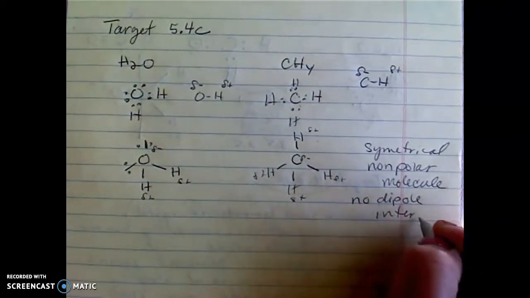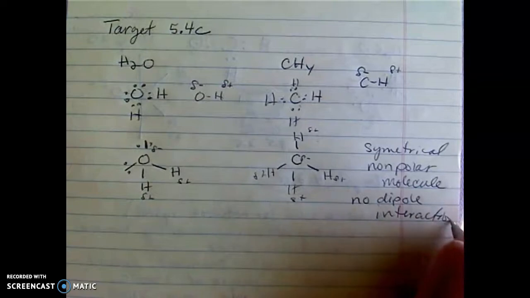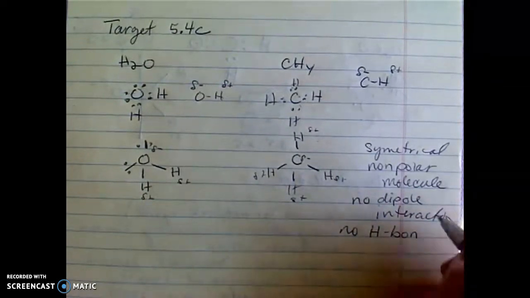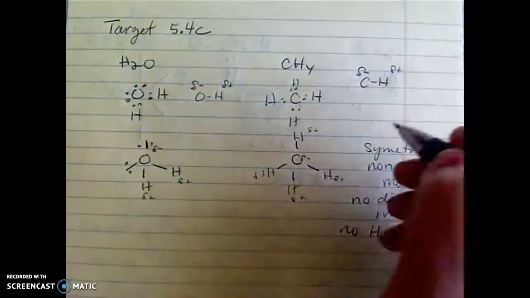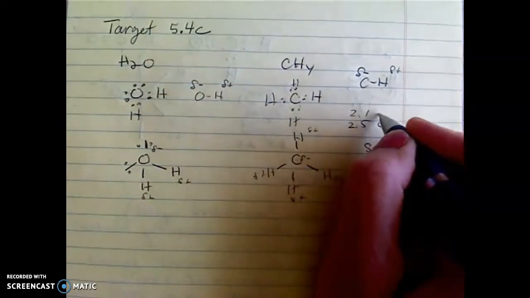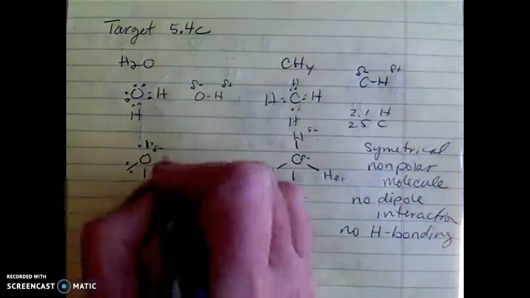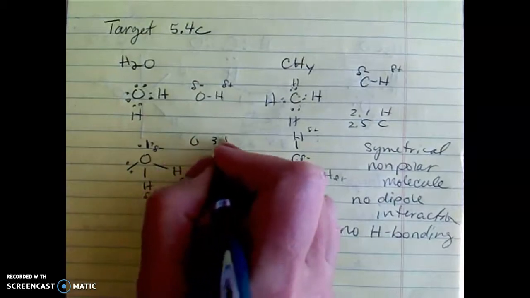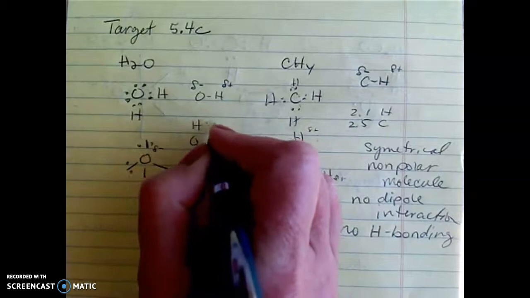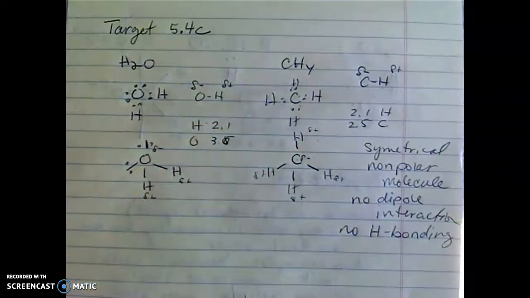It means there's no hydrogen bonding because there's not a big enough electronegativity difference. Remember, your carbon is just 2.5, where your hydrogen is 2.1. But when you have your oxygen, you've got 3.5 or 3.0. I can't even remember which one. Sorry, I'd have to look that up again.